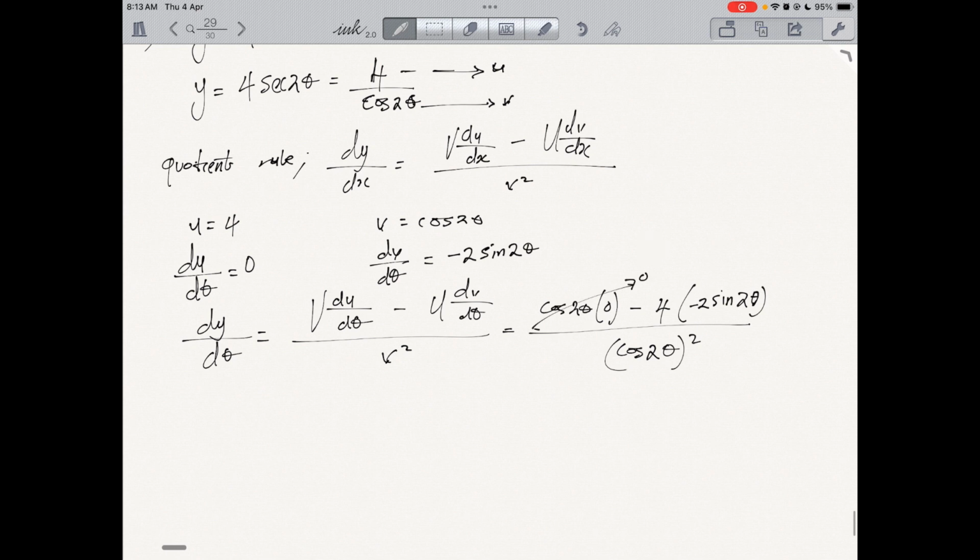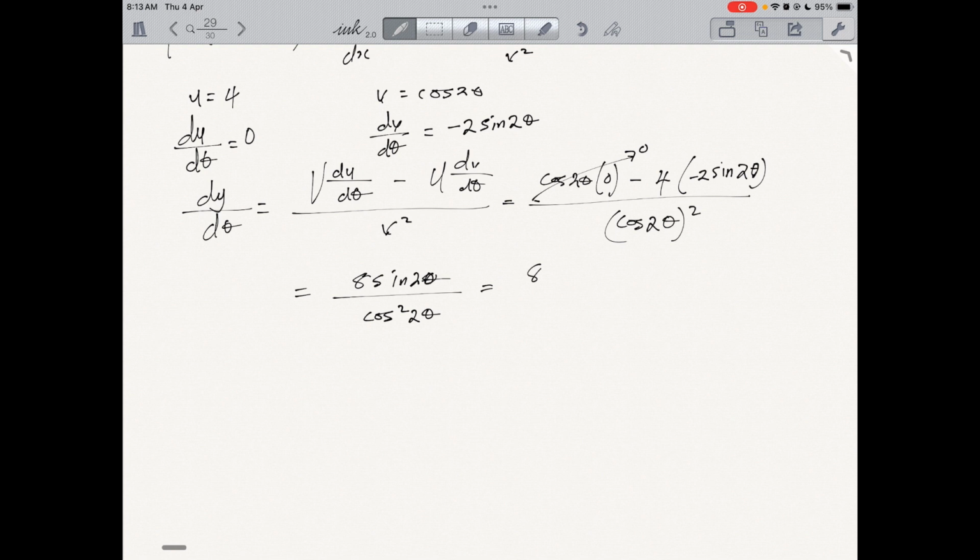So this turns to 0. And thereafter, we are going to be left with 8 sin 2θ divided by cos² 2θ. Solving this further, we can rewrite it as 8 sin 2θ over cos 2θ multiplied by 1 over cos 2θ. So we can write our dy/dθ to give us 8 tan 2θ sec 2θ.